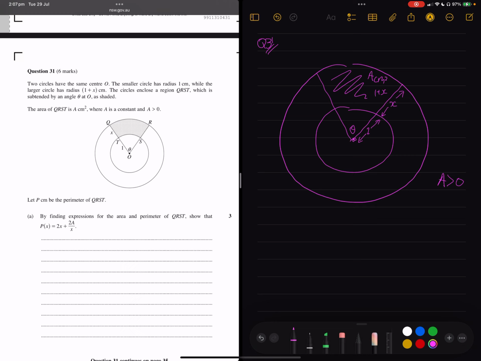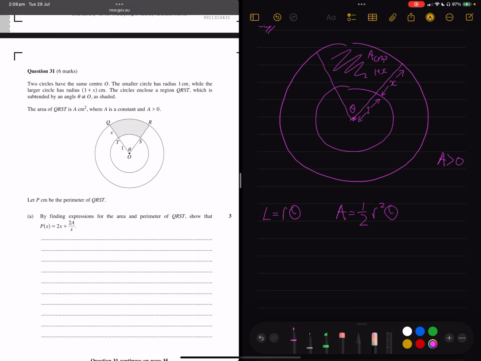Okay, so we will do the area first. When we're doing a question like this, you have a few different formulas for dealing with things in terms of radians. We're going to use the radian formulas because it's going to shorthand this a little bit. The length of an arc of a circle is r theta, where r is the radius and theta is the angle. The area of a circular sector, a pie slice, is 1/2 times the radius squared times the internal angle theta.